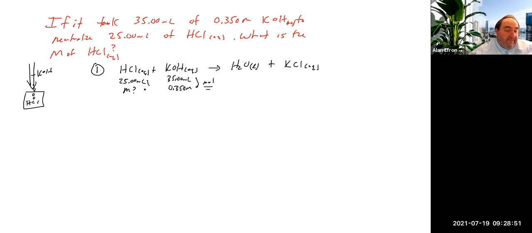We don't have enough information to do that for HCl, since we are looking for its molarity. So it is going to be a basic stoichiometry problem. The idea here is we eventually want to get to the molarity of our HCl. In terms of that, we actually do have the bottom part. It's in milliliters, but we can convert it to liters.